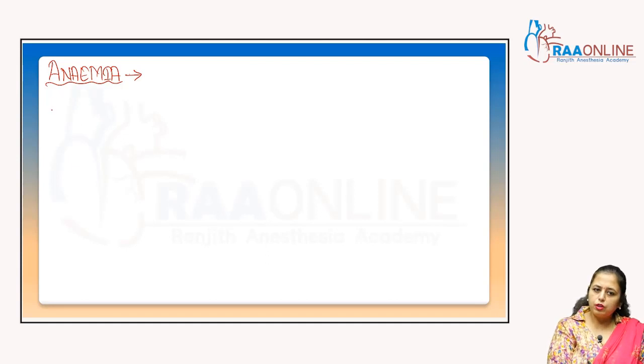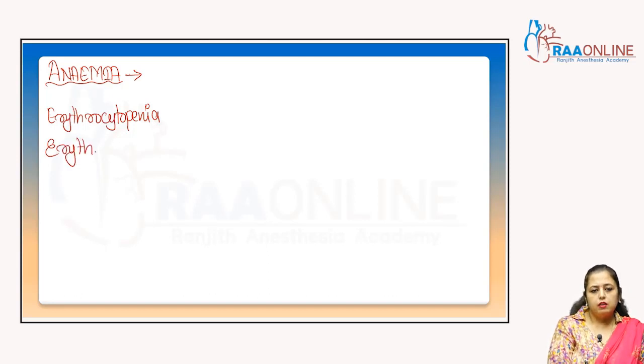If the amount of RBCs decreased abnormally, then it is called erythrocytopenia. And if the amount of RBCs increased abnormally, then it is called erythrocytosis, right?